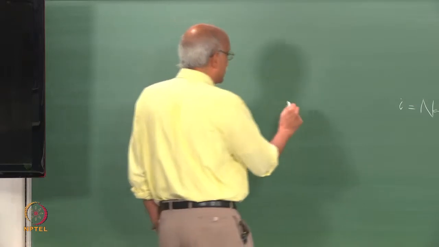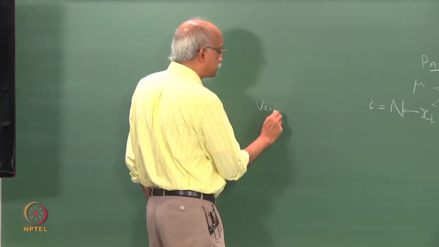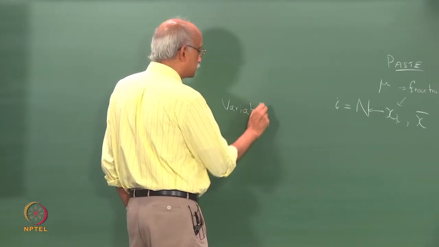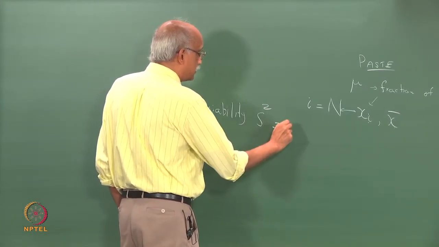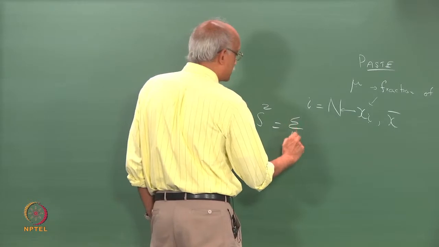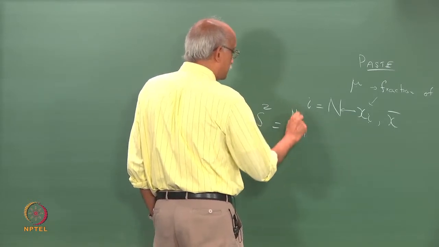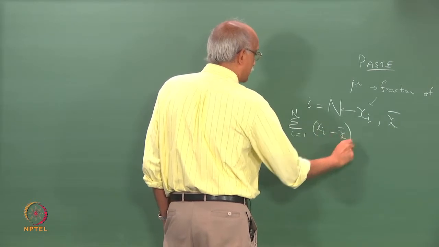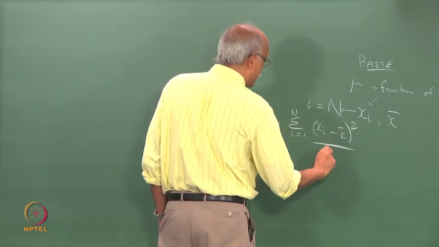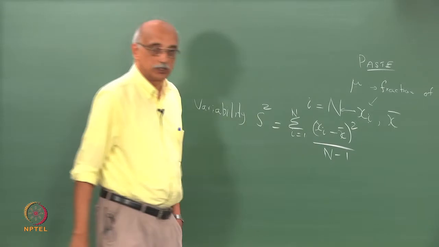And there is a parameter called variability, S squared, which is equal to the summation from i equal to 1 to n of (xi minus x bar) the whole squared, divided by n minus 1, right.